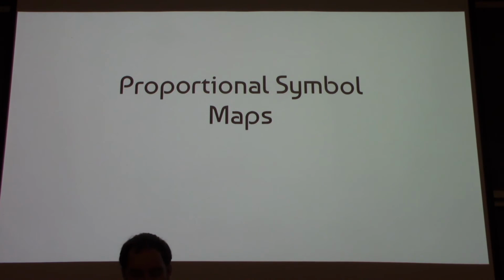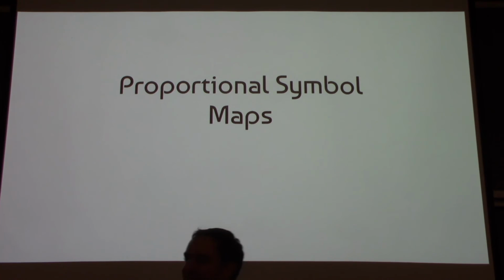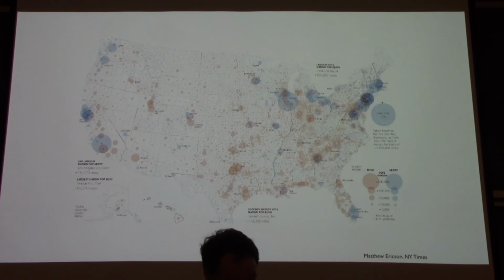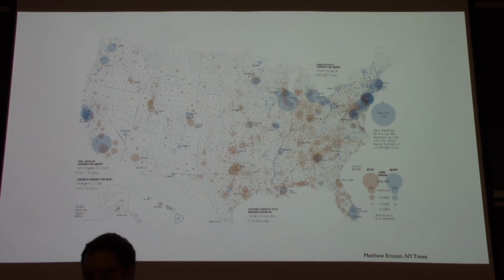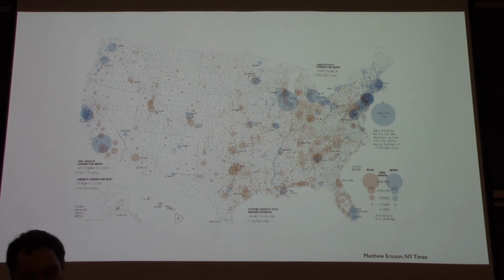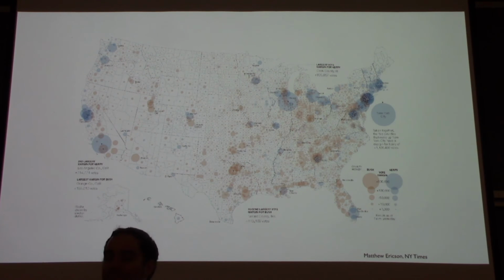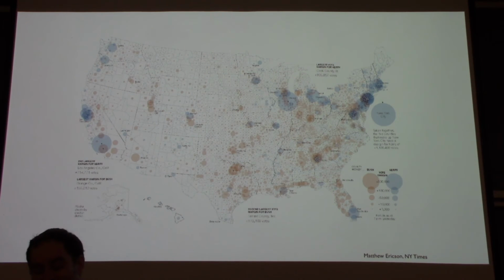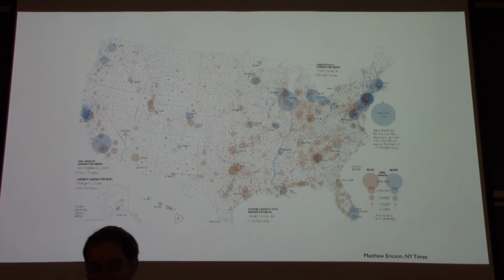Okay, the other thing that you see a lot in the news is proportional symbol maps. The idea here is that you have a shape like a circle, you put it onto a map, and you scale it according to some value.